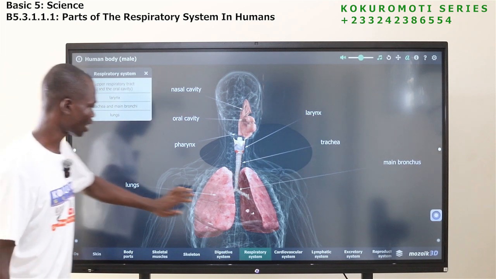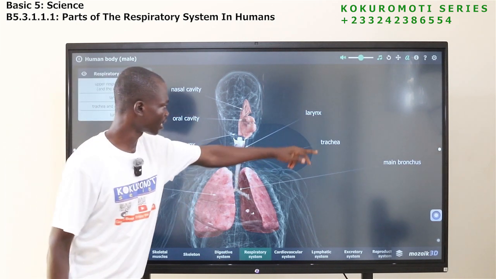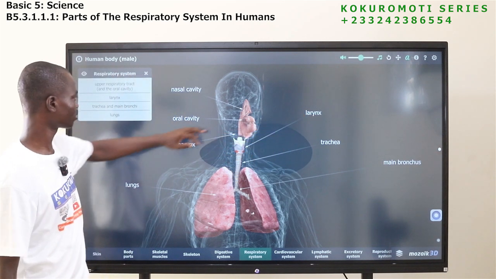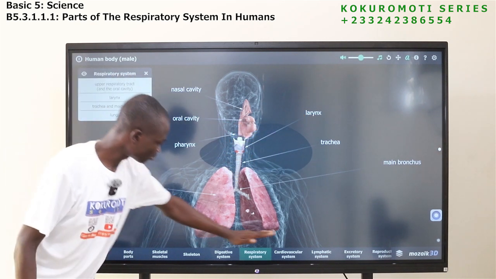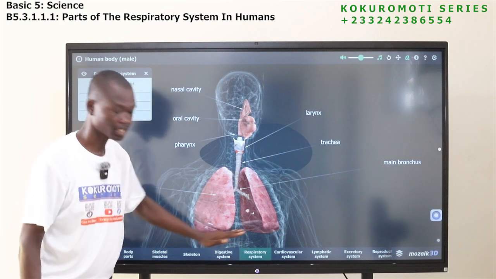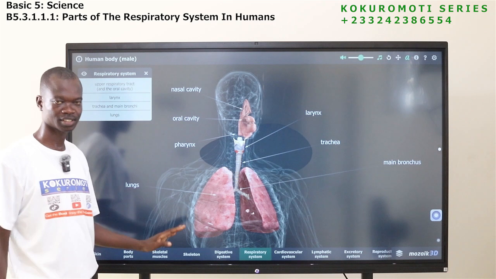These are the lungs. We have the trachea, the larynx, the pharynx, the mouth, and the nose. The diaphragm is also down here. So these are the parts of the respiratory system.